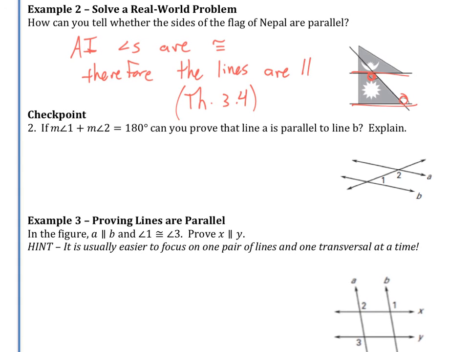So on the checkpoint, if the measure of angle 1 plus the measure of angle 2 is equal to 180, can you prove the lines are parallel? Explain. So we would say, well, angle 1 and angle 2 are same side interior angles, and they are supplementary.